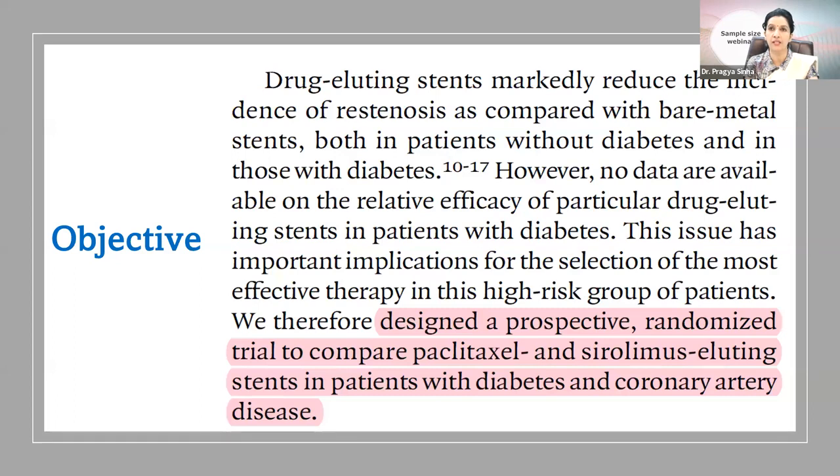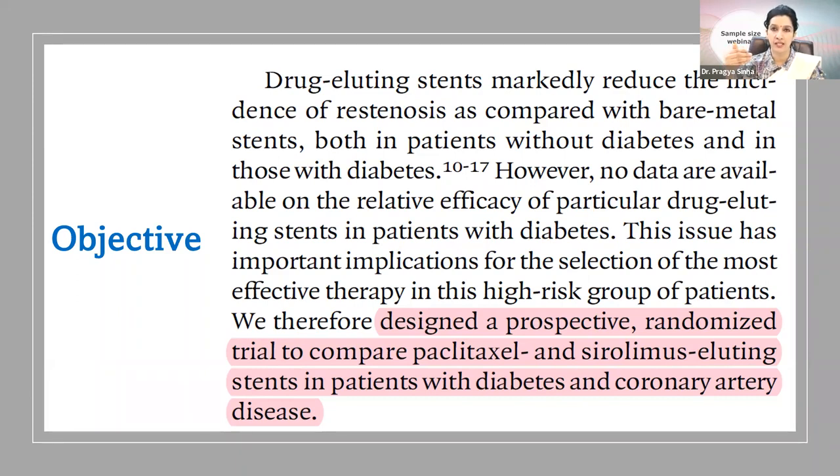Drug-eluting stents markedly reduce the incidence of restenosis, as compared with bare metal stents, both in patients without diabetes and in those with diabetes. However, no data are available on the relative efficacy of a particular drug-eluting stent in patients with diabetes. This issue has important implications for the selection of the most effective therapy in this high-risk group of patients.